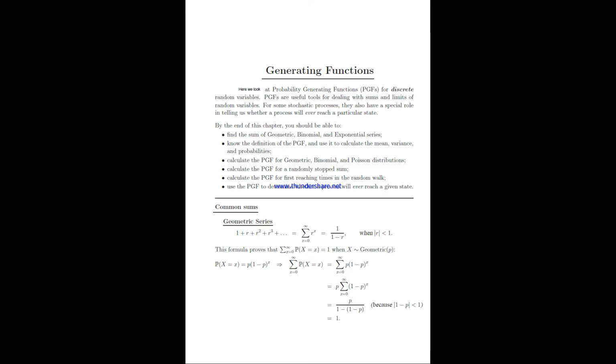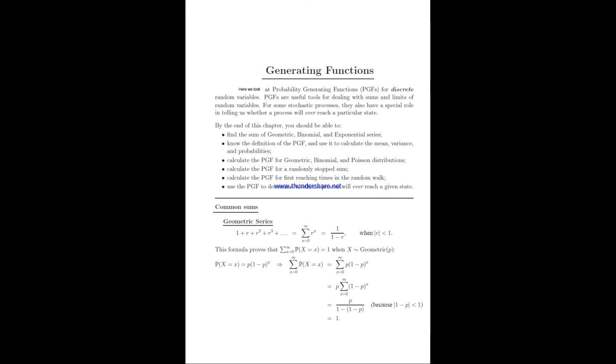By the end of this chapter, you will be able to find the sum of geometric, binomial and exponential series. You will know what a probability generating function is, how to calculate the mean, variance and probabilities, and how to calculate the probability generating function of geometric, binomial and Poisson distributions.